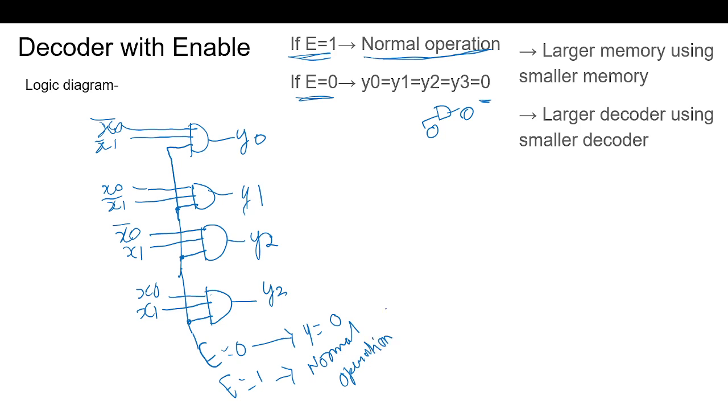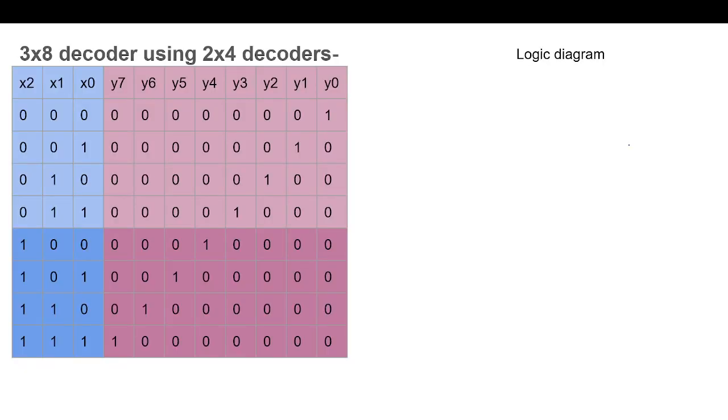Okay, so with enable we can design larger decoders using smaller decoders. The next is a 3 cross 8 decoder using 2 cross 4 decoders. We have designed the 2 cross 4 decoder, and now we will use the decoder with the enable signal.